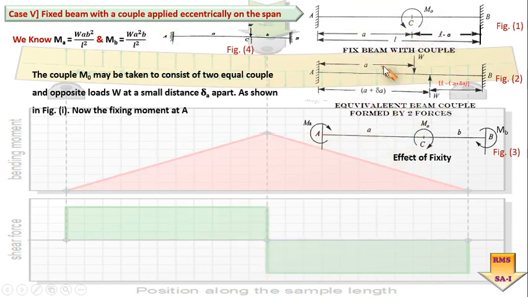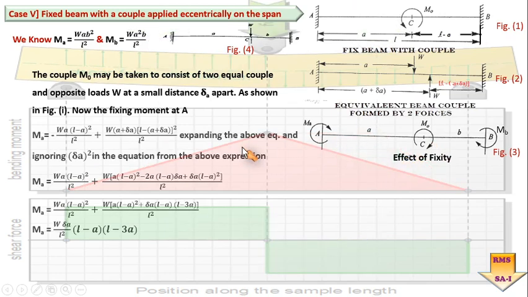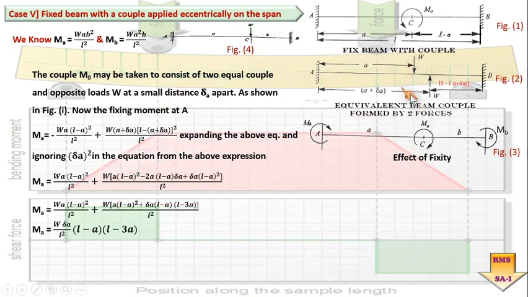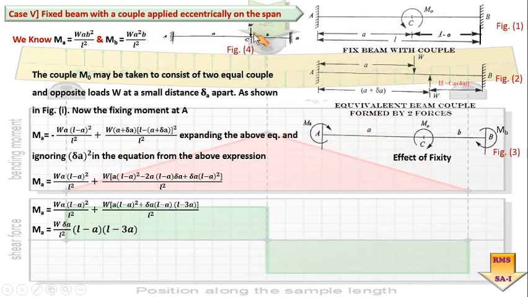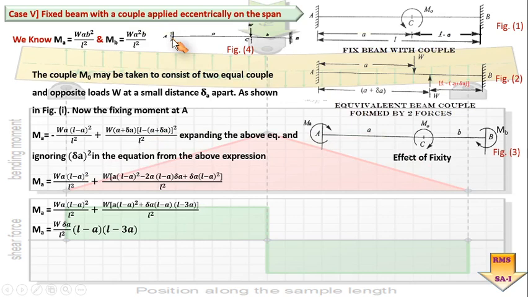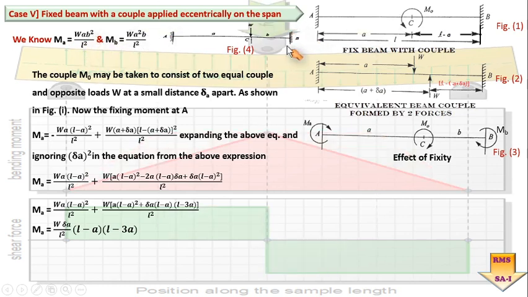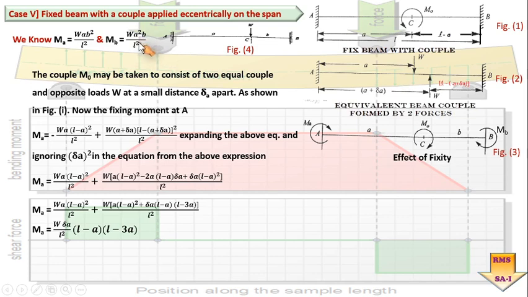These two figures are related to the actions, and this is the reaction due to the fixity effect at points A and B. For understanding this concept, I will focus on figure number 2, which is one of the standard cases in which a point load is acting at a distance of A from end A. In that case, fixity moment at point A is MA equal to WAB squared by L squared, and at point B, the fixity moment is WA squared B by L squared.